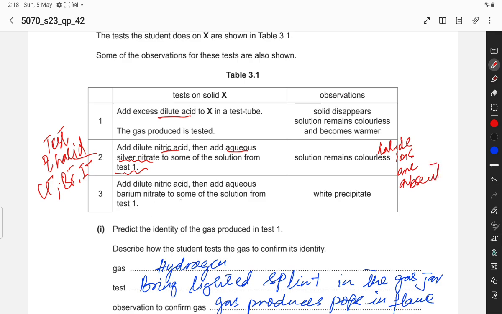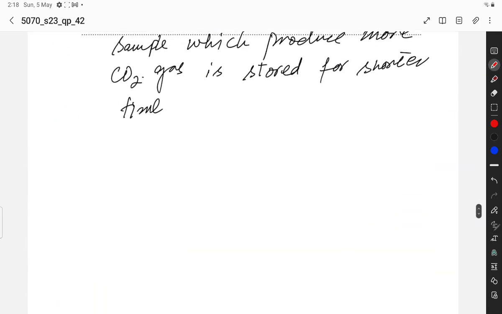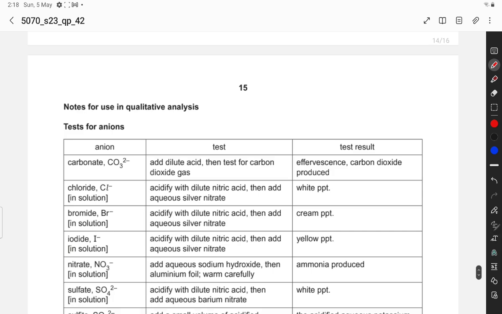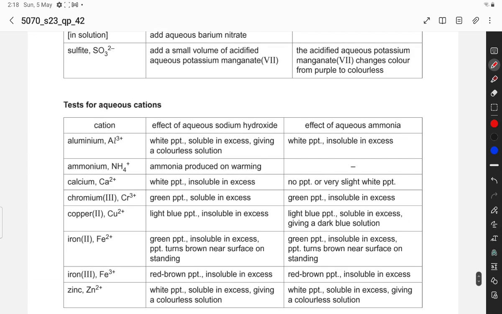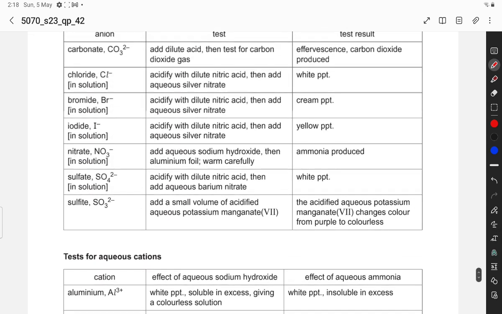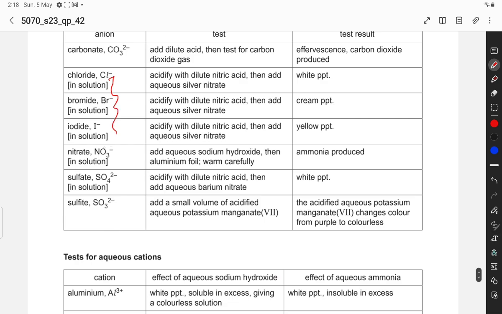Add dilute nitric acid, then add aqueous barium nitrate. You can confirm this from the test given at the back of the paper. These three are halide ions: chloride, bromide, iodide. Acidify with dilute nitric acid, then add aqueous silver nitrate.